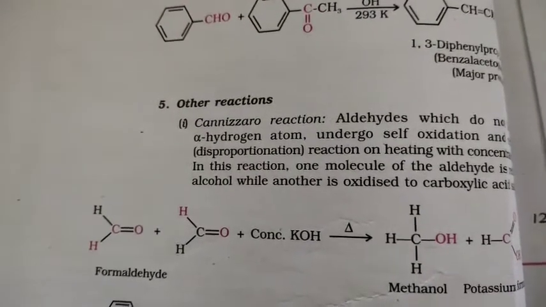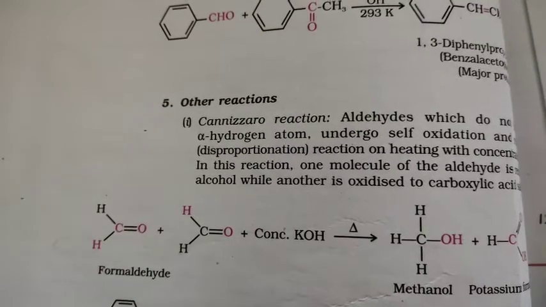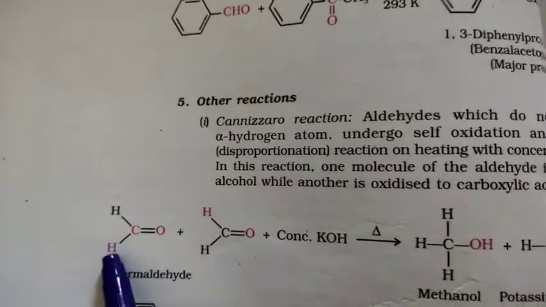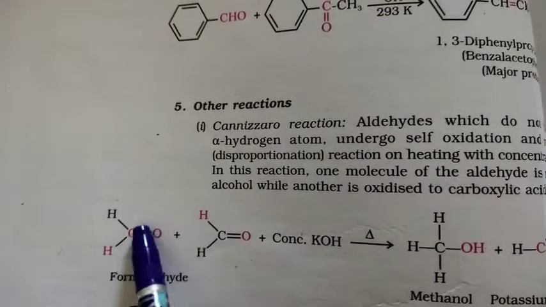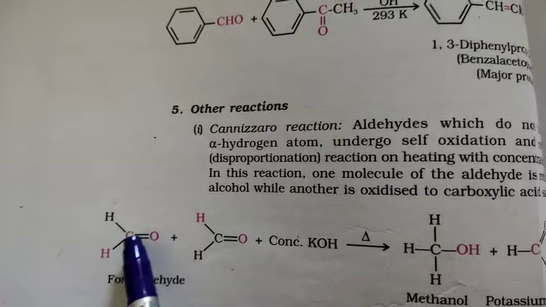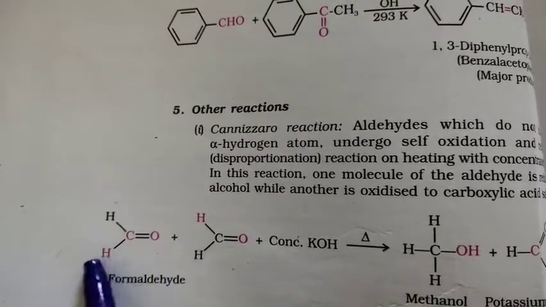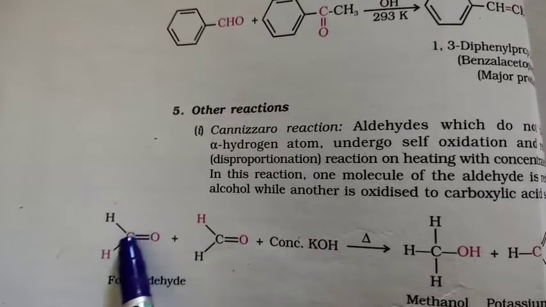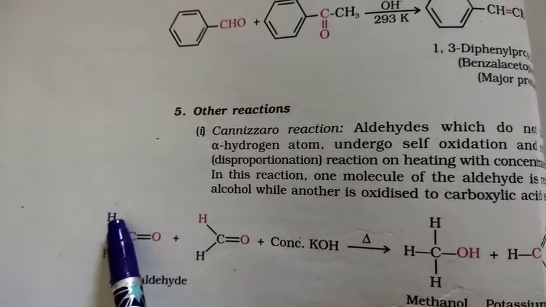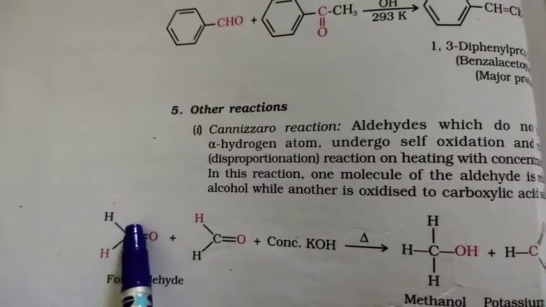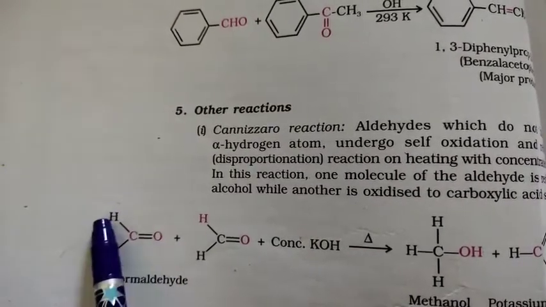In case you have forgotten what alpha is, let me remind you once more. This is the functional group, the portion given in pink color. This is the aldehyde group, CHO, right? The carbon that is attached to this functional group, in place of this hydrogen, is known as the alpha carbon.